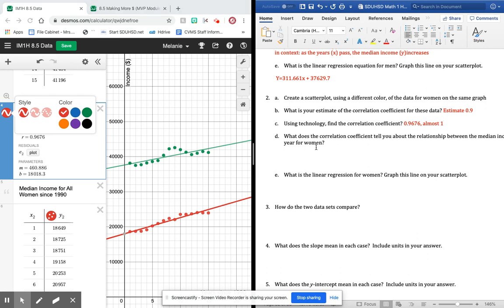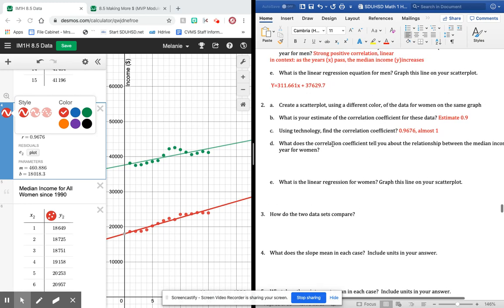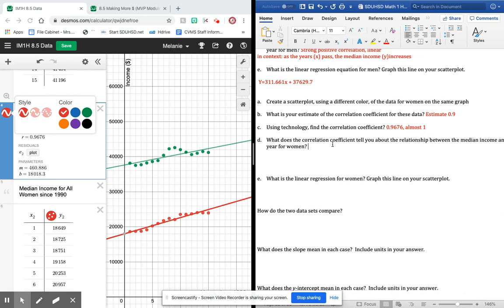So what does the correlation coefficient tell you about the relationship between median income and the year for women? If I wanted to talk math-wise, I would say a very strong positive, maybe linear, correlation.